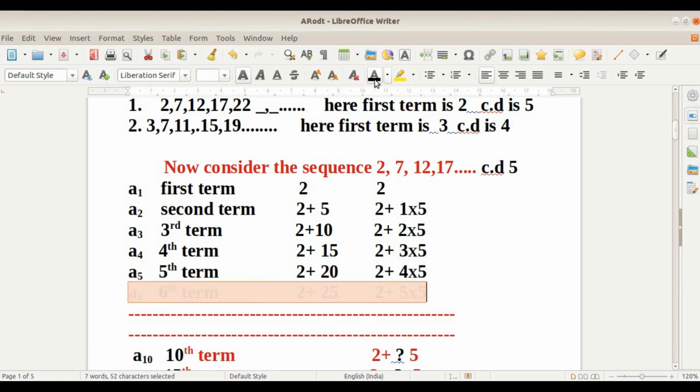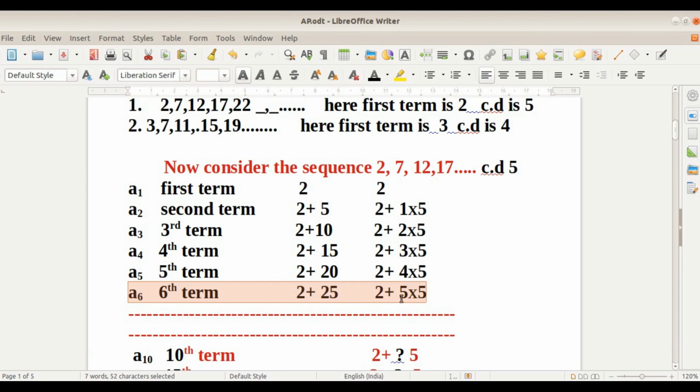Once again, just look here. In the third term, the common difference came 2 times. Fourth term, the common difference came 3 times. Fifth term, 4 times the common difference. Sixth term, first term plus 5 times the common difference.